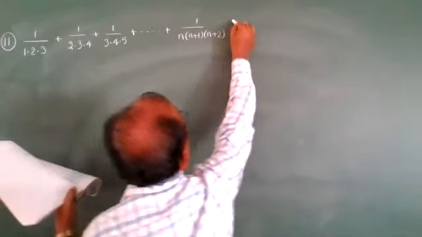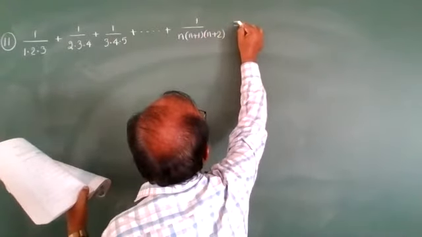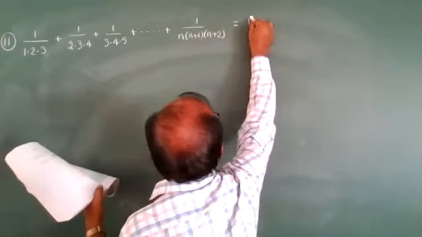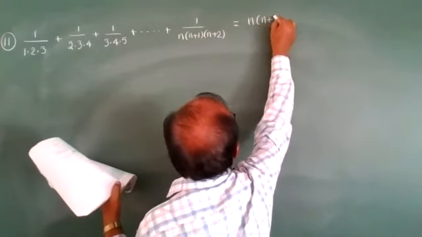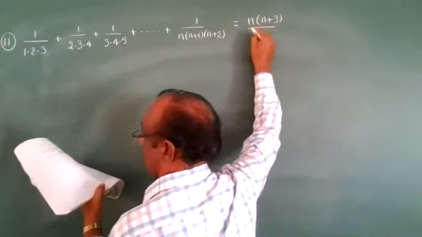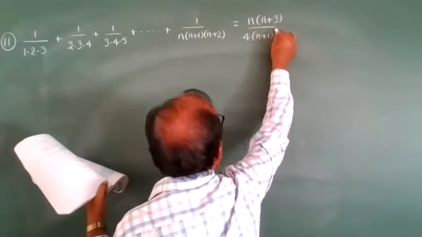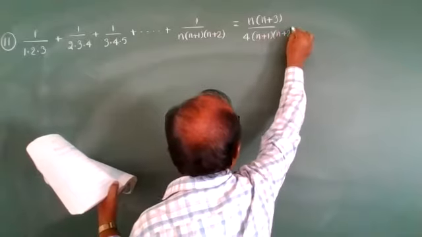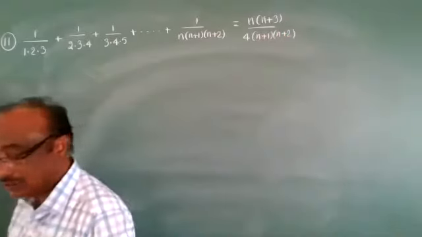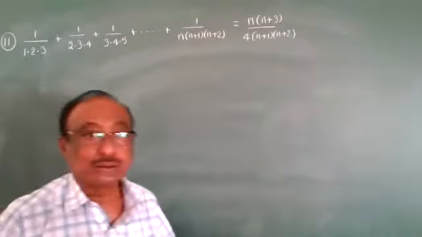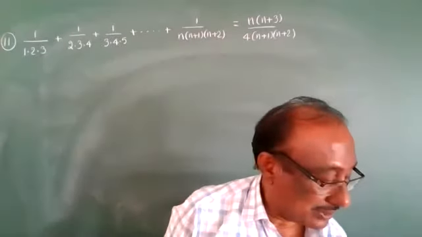The answer is n into n plus 3 upon 4 into n plus 1 into n plus 2. We have to take the left hand side and right hand side and check whether the answers are coming correct or not. Everyone do the problem first.